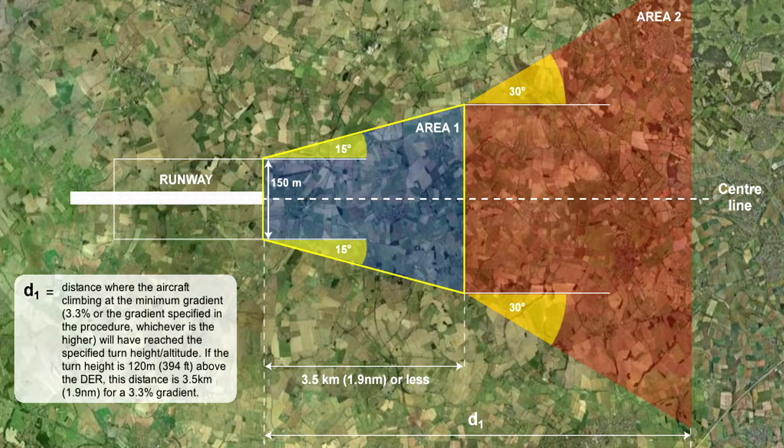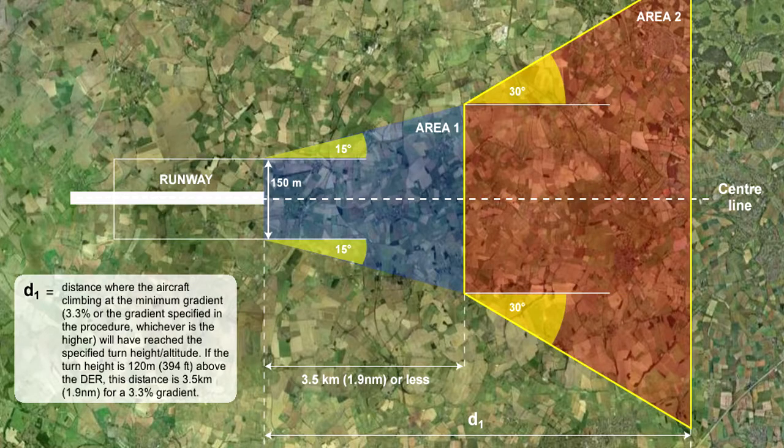That is, where a PDG of 3.3% would reach a height of 120 metres above the departure end of the runway. If, because of an obstacle, the procedures required an increased PDG, then of course the aircraft would reach 120 metres above DER before 3.5 kilometres.